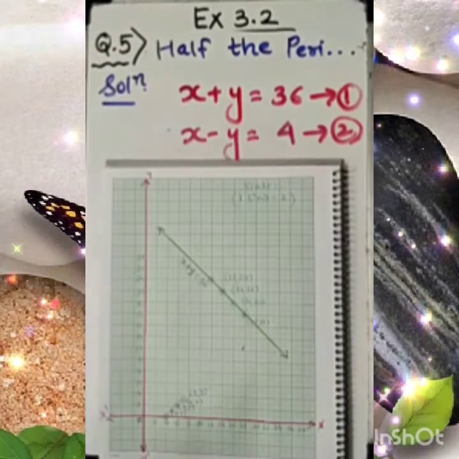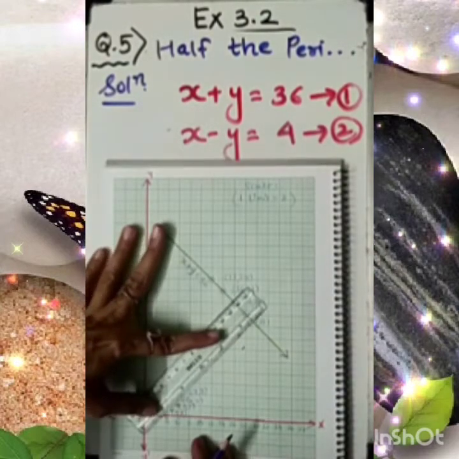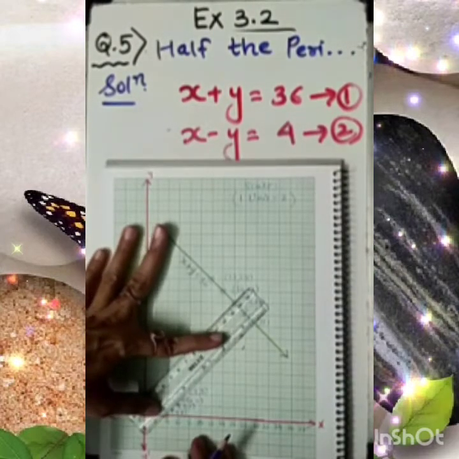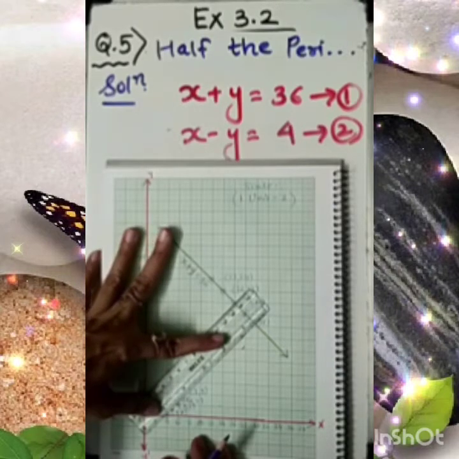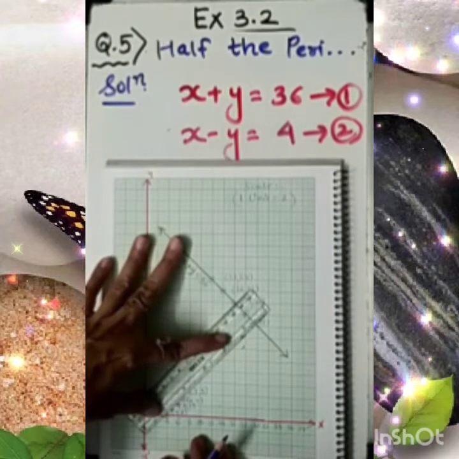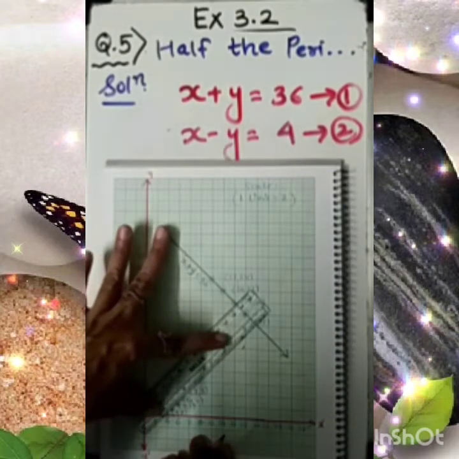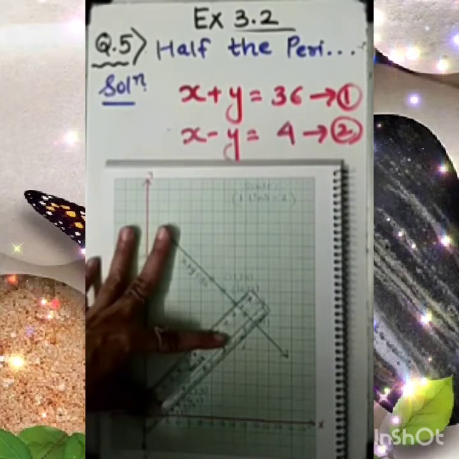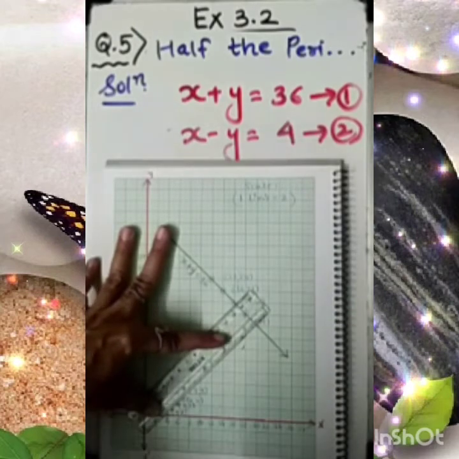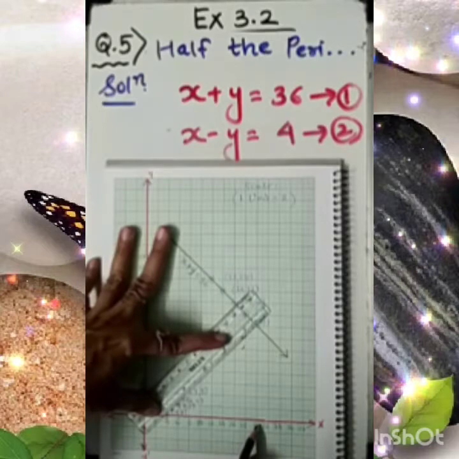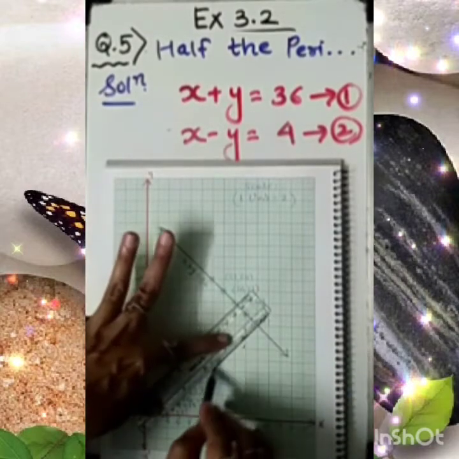Now let's join these points and find, are they intersecting anywhere? Are they intersecting at any point? Let's work upon that. Fine. So dear student, let's see. Here it is, I am drawing a straight line.